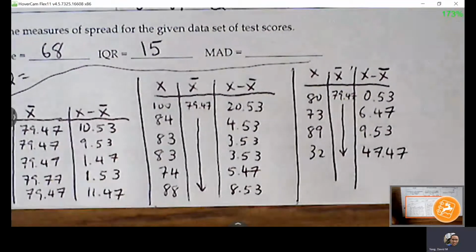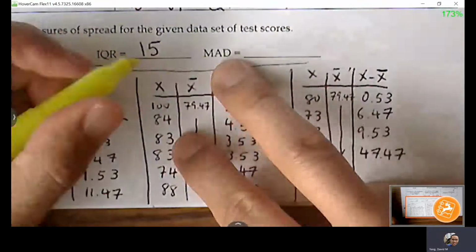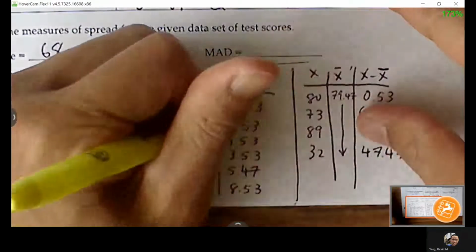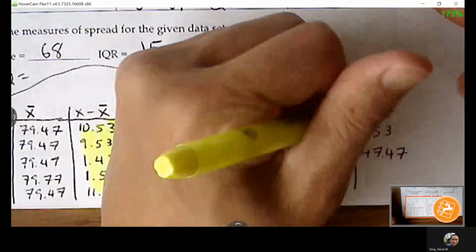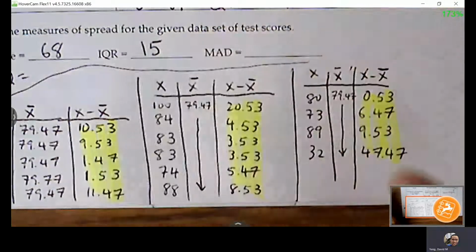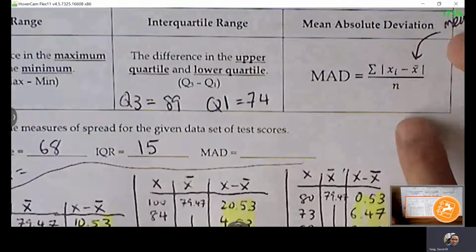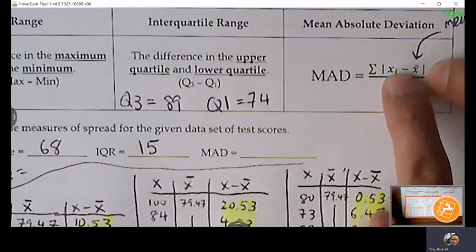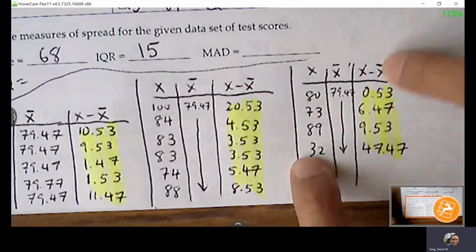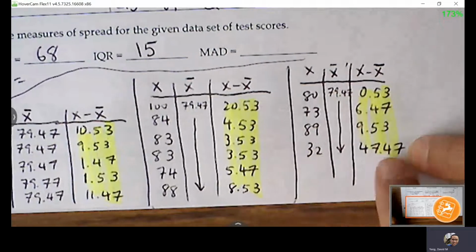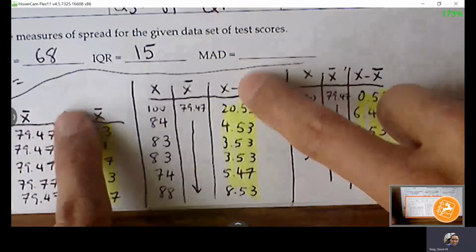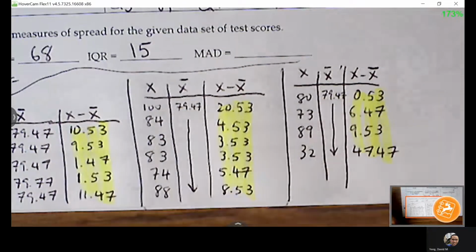Okay, so now using all these numbers, we're going to add them up. The only numbers we care about now are just these here. That's what this formula is saying. We're going to accumulate all the differences, the absolute value of the differences. So for instance, here, 32 minus 79 may give you a negative number, but you're going to change that to a positive 47. We're going to add up all these numbers and find the average of all these numbers.